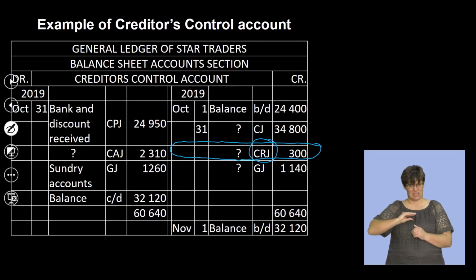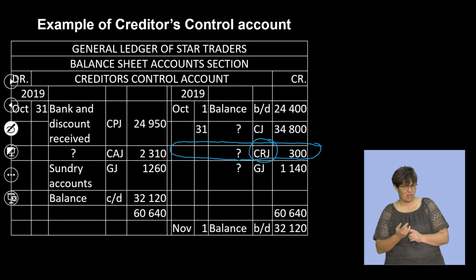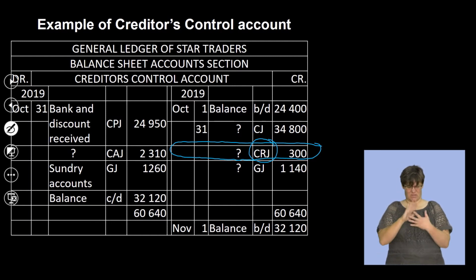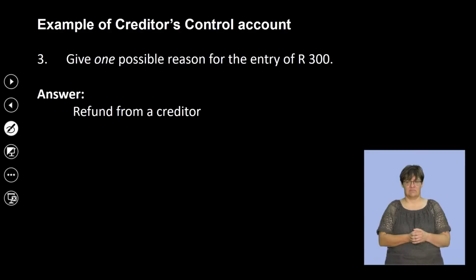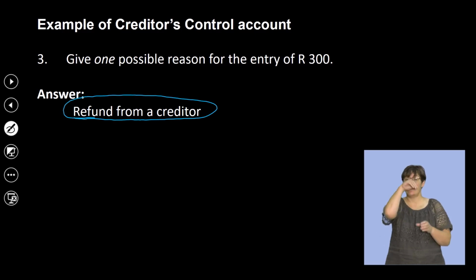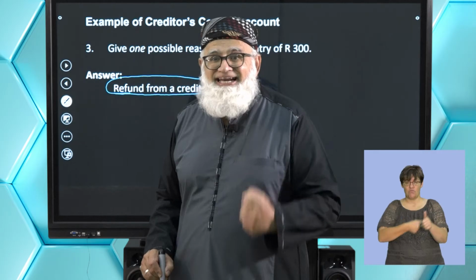Sounds a bit of a challenge here, but don't fear when Ashraf is near. Let's look at it. Simple. What does it involve? It involves a refund from a creditor.